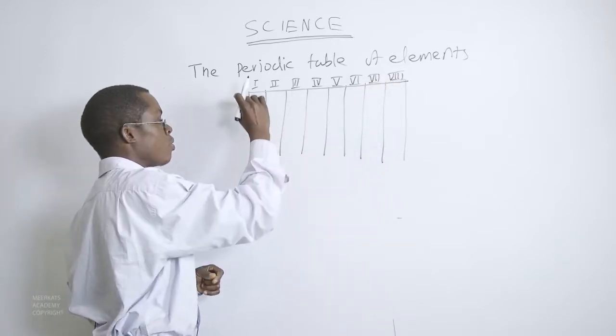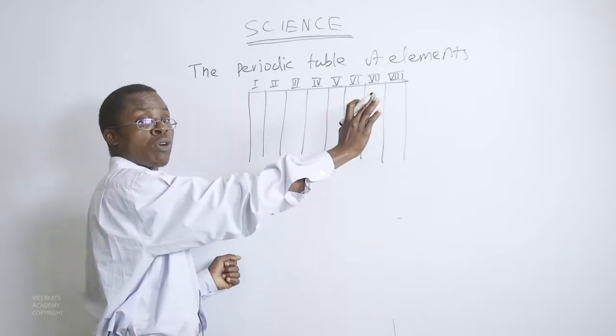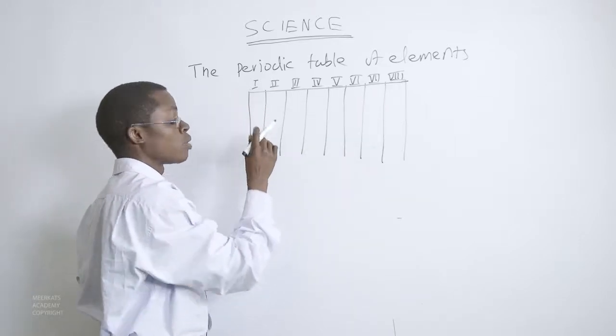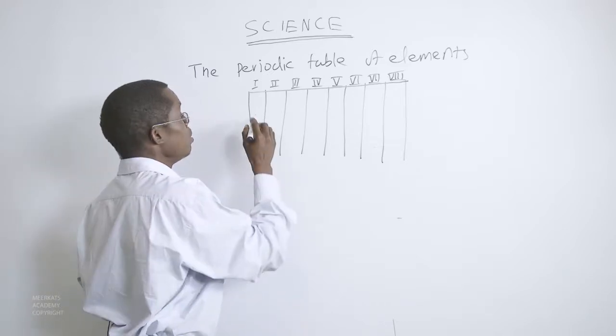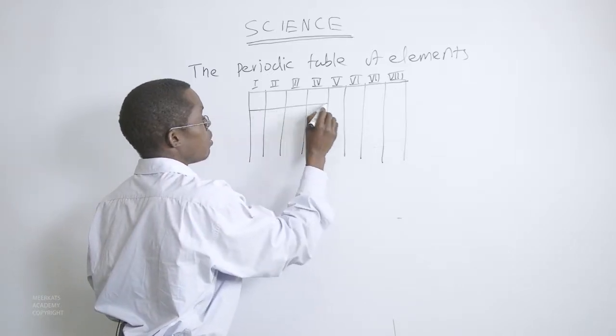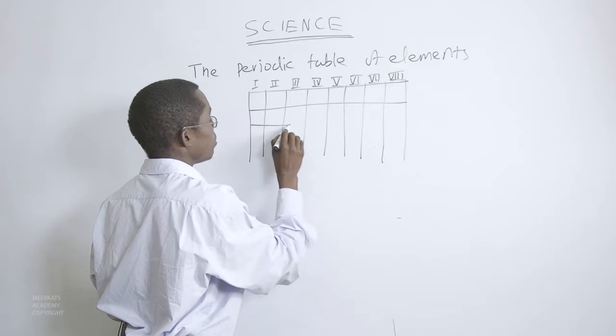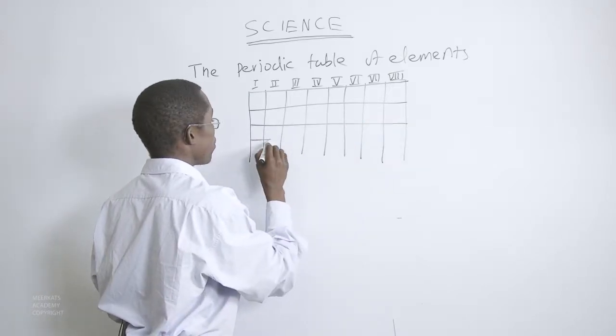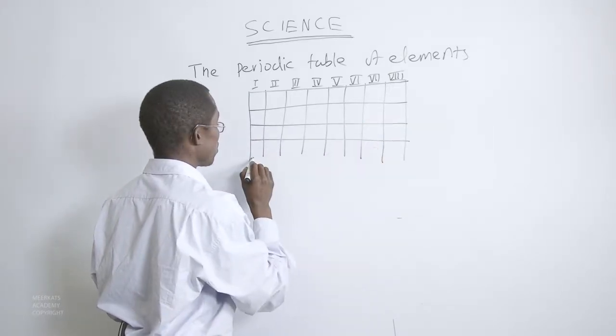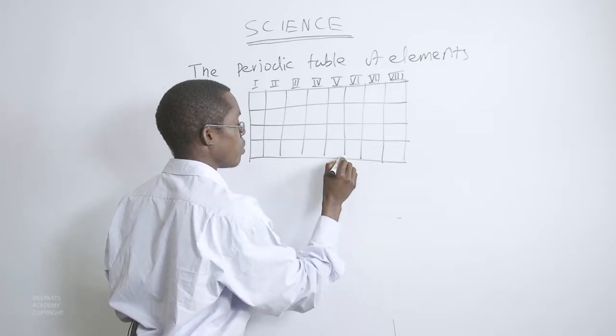These are groups or chemical families. Then we have periods. We are going to work with 4: 1, 2, 3, then lastly 4.